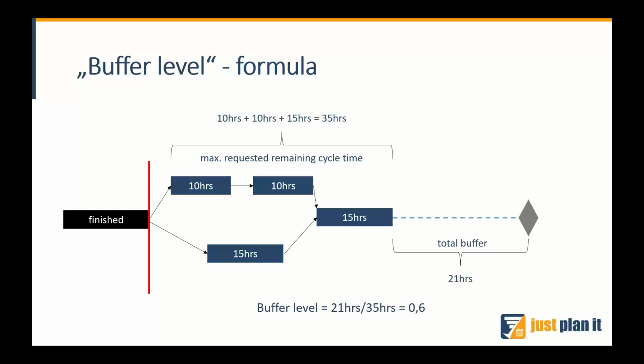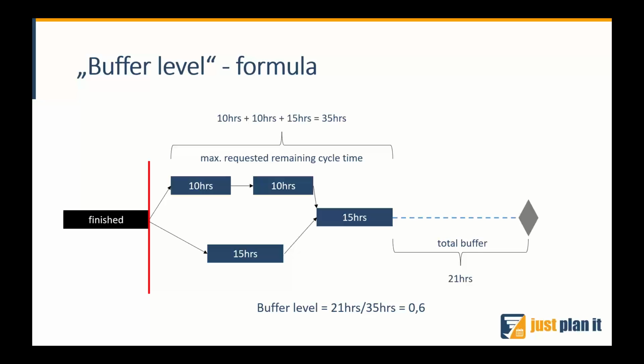It's just the required time, not the waiting time. In this example, we need to compare two branches, the upper branch and the lower branch. The upper branch is 10 hours plus 10 hours plus 15, which is 35. And the lower branch requires just 30 hours. So the maximum remaining cycle time of this example is 35 hours.